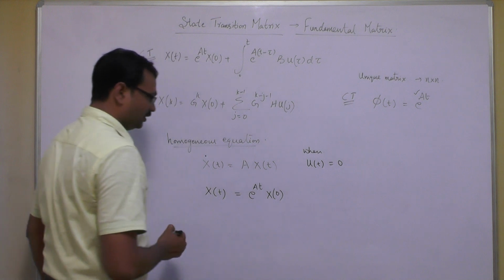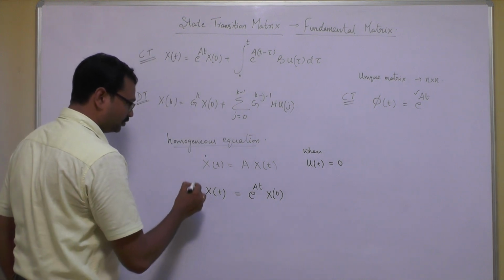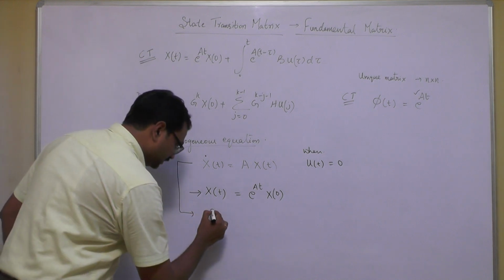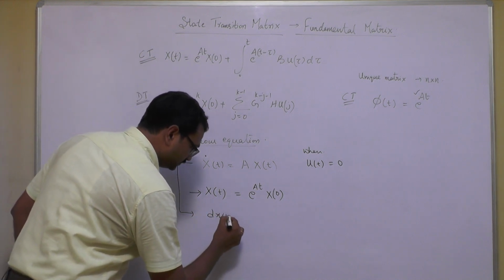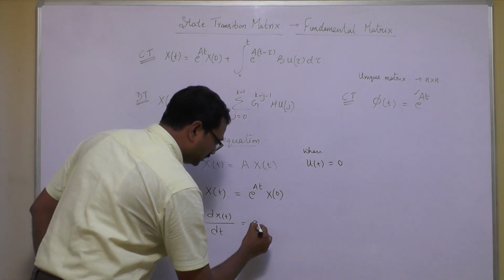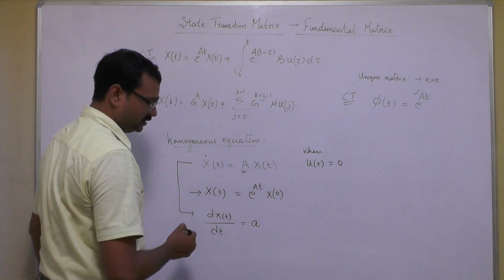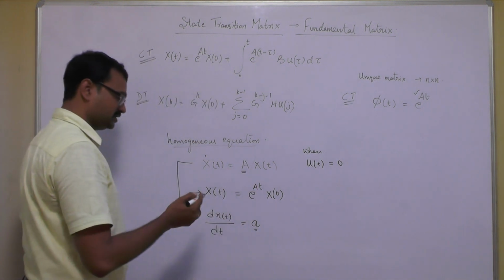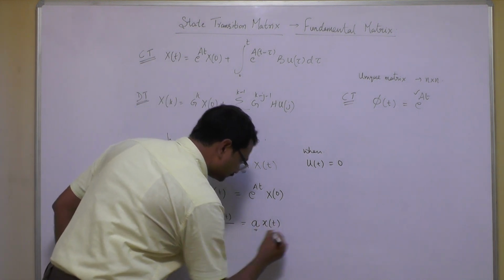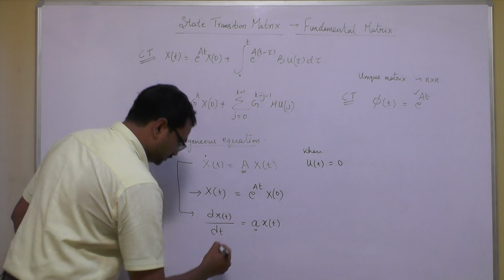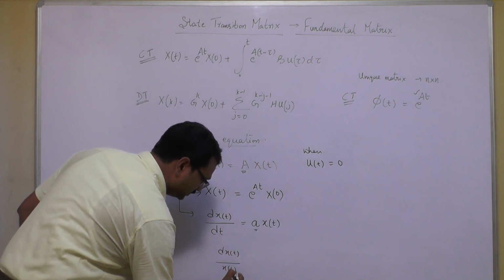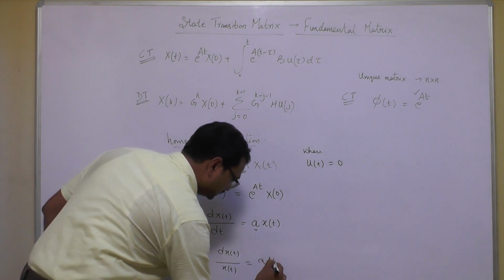This equation can be obtained because, for example, let me consider a single variable, dx of t by dt is equal to a into x of t, where a is a constant. If I cross multiply this, dx of t by x of t is equal to a dt.